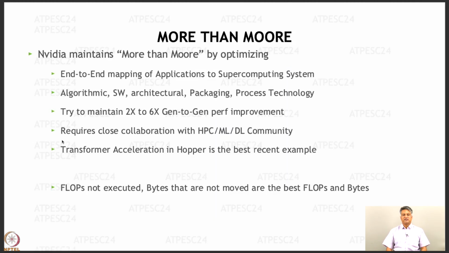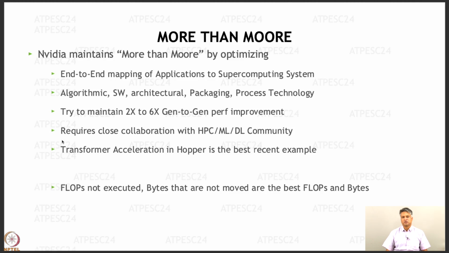So what is the philosophy that one of the manufacturers, Nvidia, has taken? They are trying to do end-to-end mapping of applications to supercomputing systems. They're trying to improve the algorithms, the software and the architecture, and trying to aim at almost 6x generation to generation performance improvement.